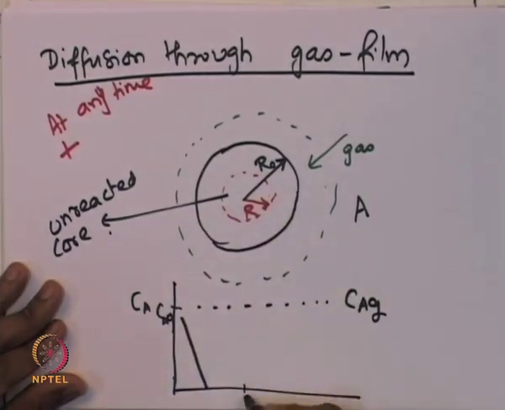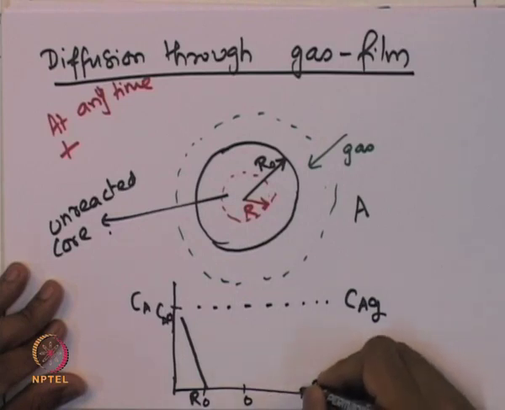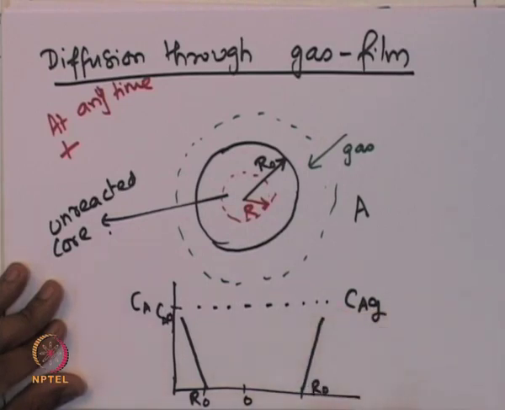We can expect that there will be a concentration gradient in the gas film. This is the center of the core, and this is R naught. We can expect a concentration gradient outside the core, and no concentration gradient inside the core.